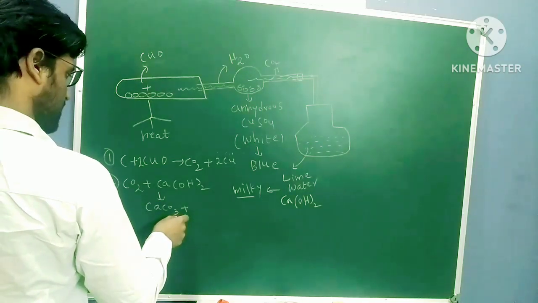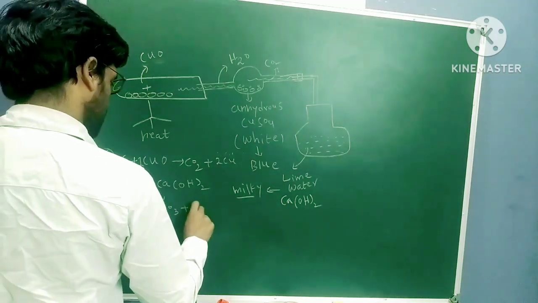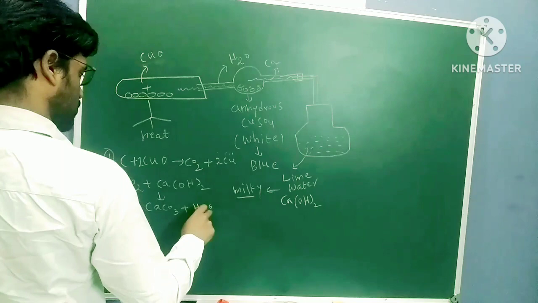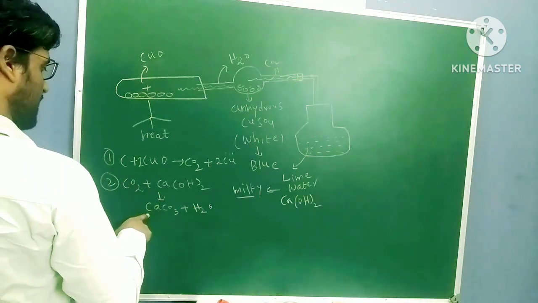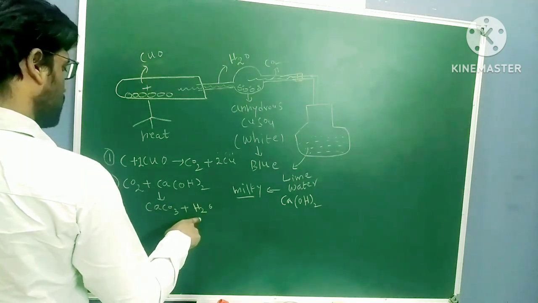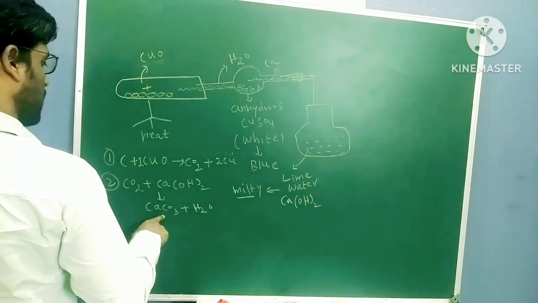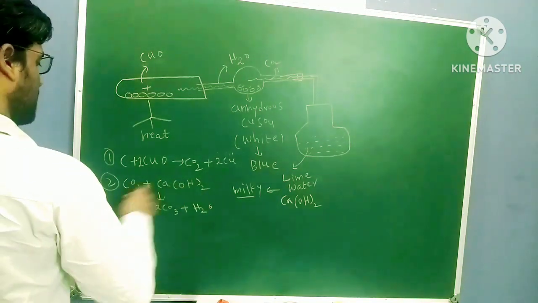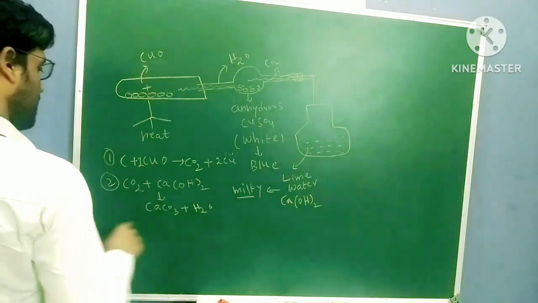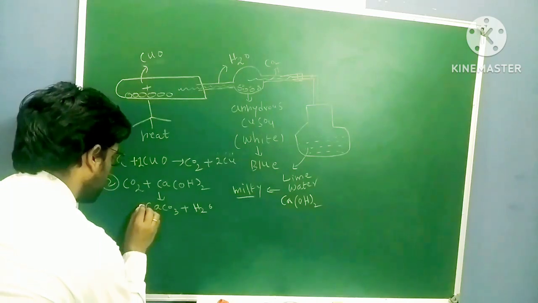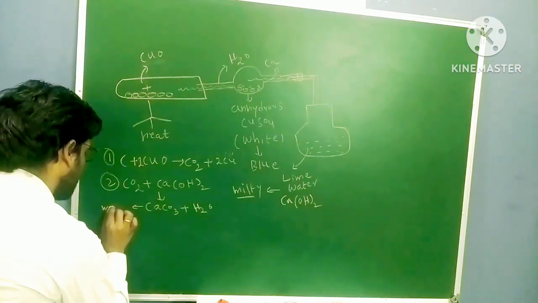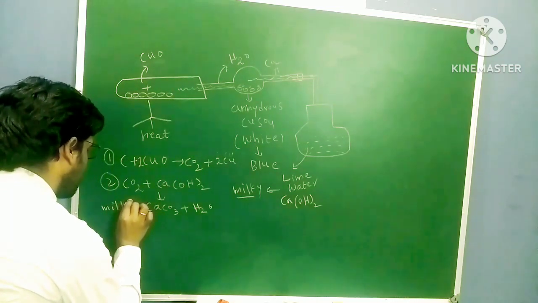Here 3 oxygens, so H2O I can write here. So 1 oxygen, 3 oxygens, 4 oxygens, 1 calcium, right? 2 hydrogens, carbon. So the reaction has been balanced. So calcium carbonate has been produced. This calcium carbonate is milky in color.